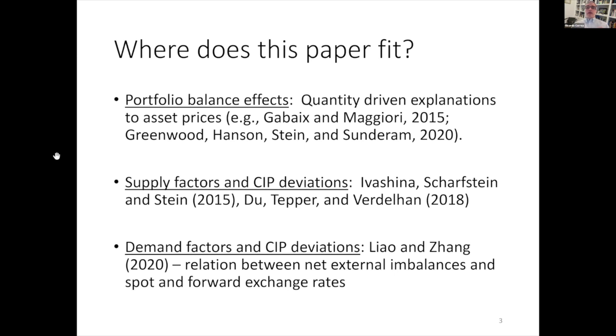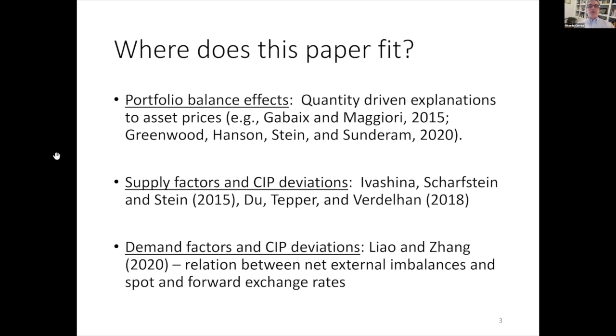So this is more about the capital position and how that may affect the supply of funds in this market. Similarly, Du, Tepper, and Verdelhan look at this more from a regulatory perspective. When leverage requirements were changed after the GFC, global intermediaries had less balance sheet capacity to intermediate in these markets.